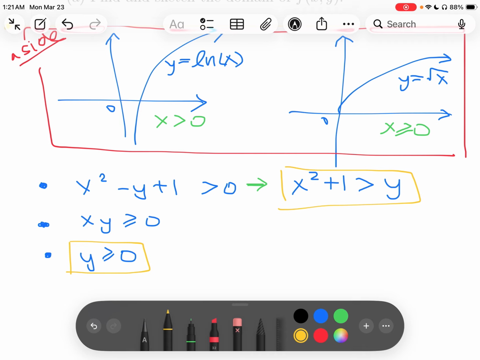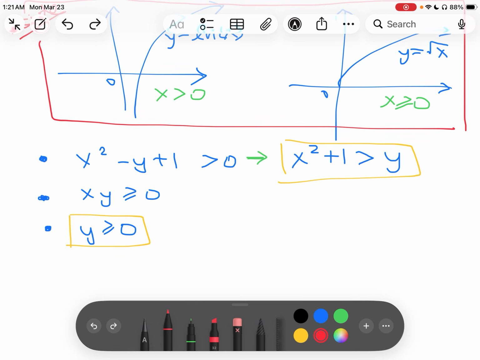We know how to draw this. X squared plus 1 is just a parabola shifted up by 1 unit, and the y value has to be less than that, so we can draw that easily. And then the other one is xy is greater than or equal to 0.